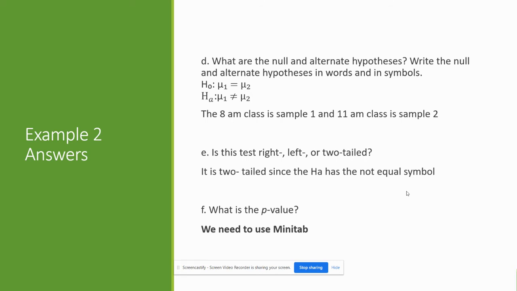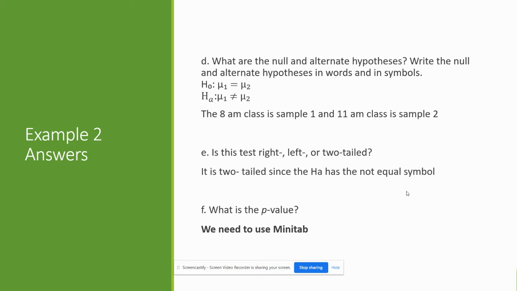So my null is that the average final exam grade for the 8 a.m. class equals the average final exam grade for the 11 a.m. class. The alternative is the average final exam grade for the 8 a.m. class does not equal the average final exam grade for the 11 a.m. class. Is this a right-tailed, left-tailed, or two-tailed test? It's a two-tailed since the alternative does not have the equal symbol in it.